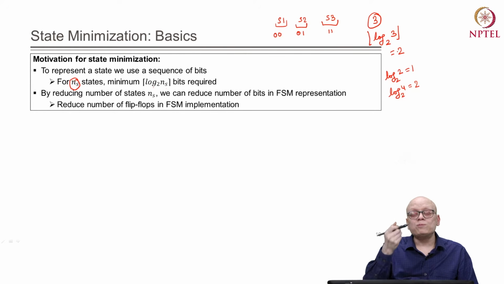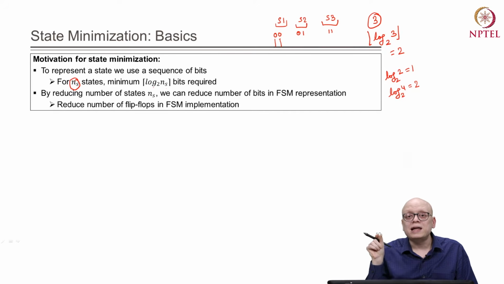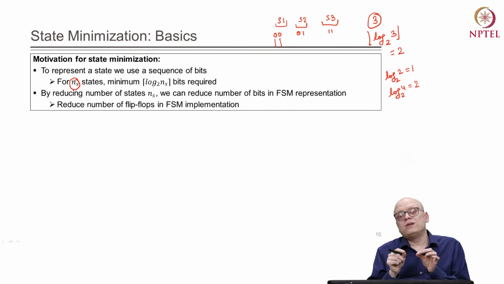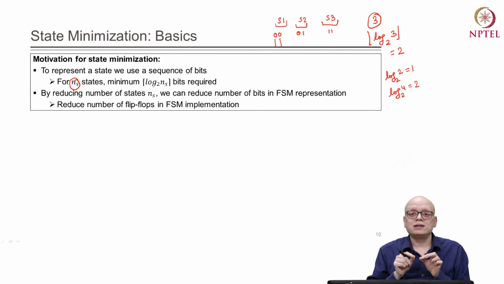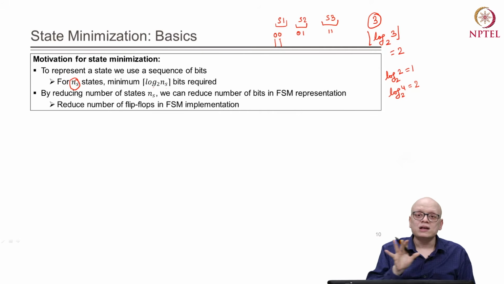Because flip flops are used to represent the state bits. In this case there are 2 state bits, and for each of them we will have one flip flop. So, if we reduce the number of states, we reduce the number of bits required to represent a state, and then we can reduce the number of flip flops required for an FSM. So, that is the motivation of state minimization.